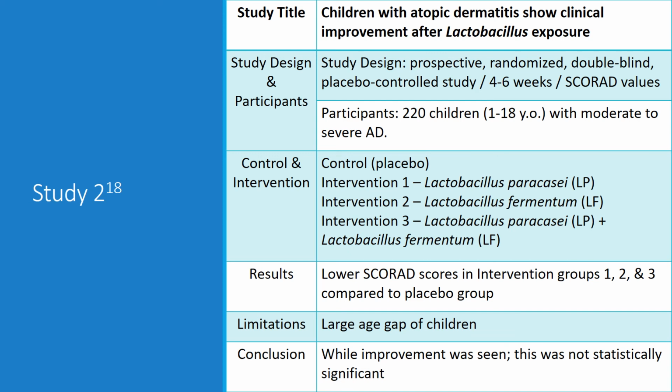Another note to mention was that measurements were also taken about 4 months post-treatment, and the participants in the intervention groups still illustrated lower SCORAD scores than the placebo group. A limitation of the study was that it had a large age gap of children. We had infants, toddlers at a year old, to participants that were up to 18 years old.